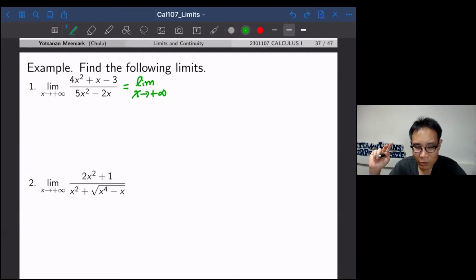When you plug infinity into the function, you don't know how to compute the value. So in this case, you're going to factor out x squared. Also, when you have infinity over infinity, this is an indeterminate form.